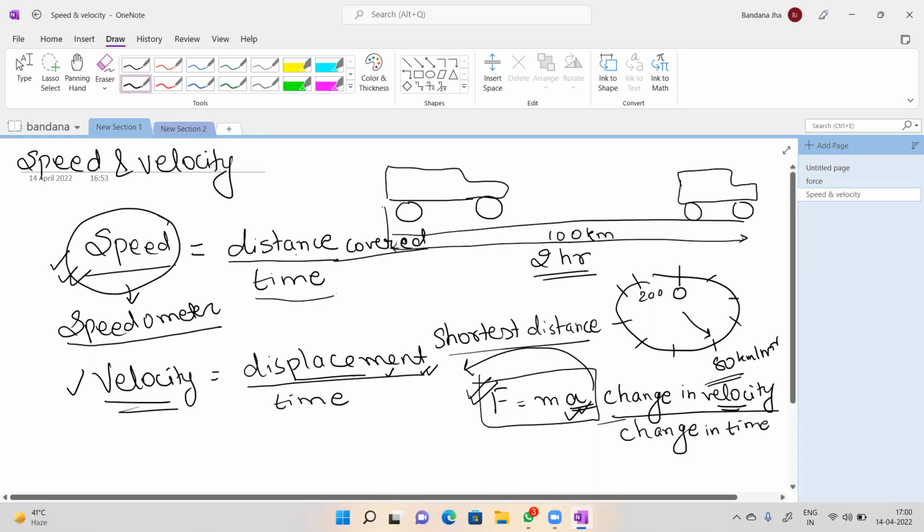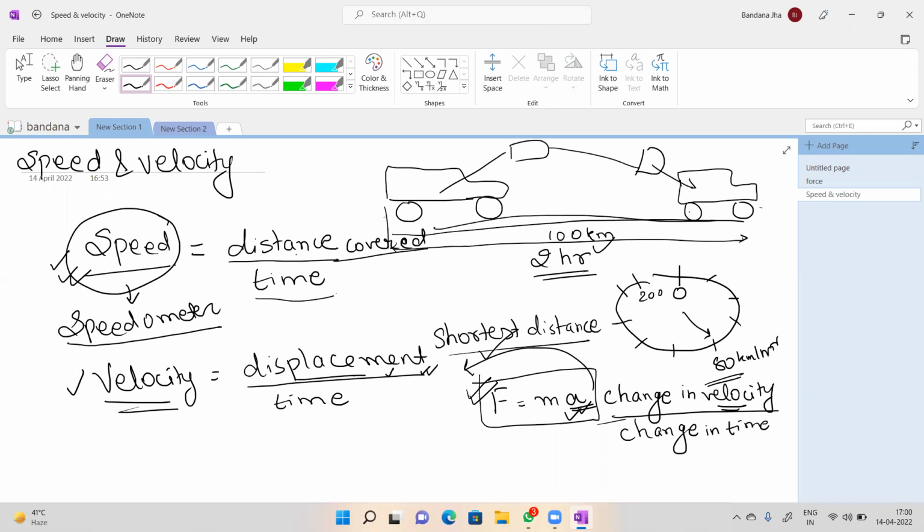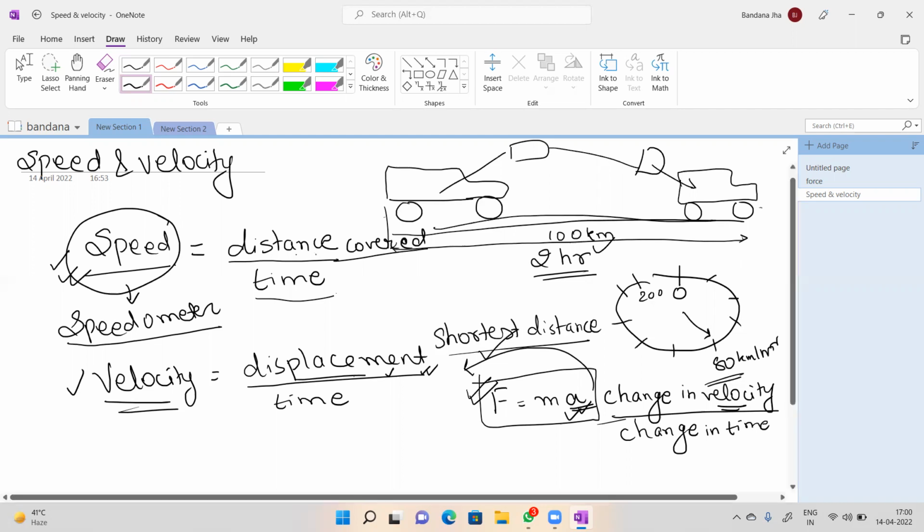So if my body has traveled 100 kilometers on a plain road, the shortest distance is also 100 kilometers. But suppose the body has traveled here and then reached here, then this will be your shortest distance, right? Correct? The shortest distance is known as displacement. And distance will be what?